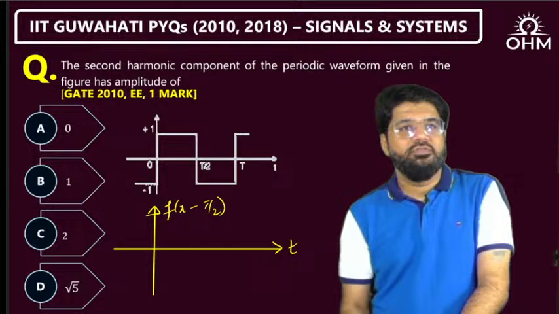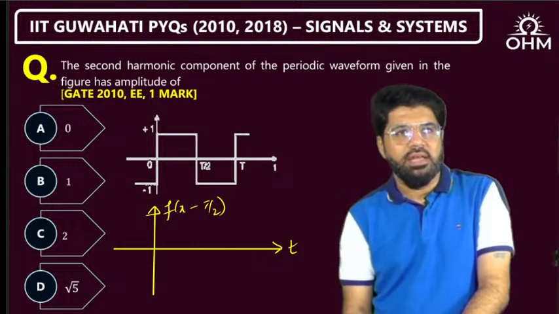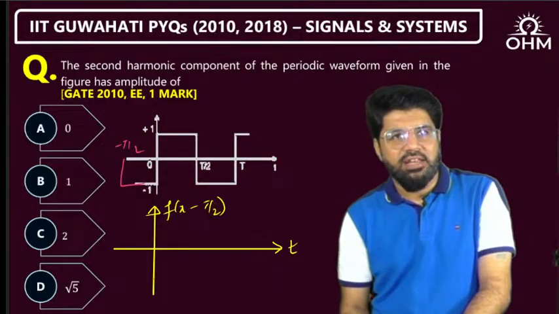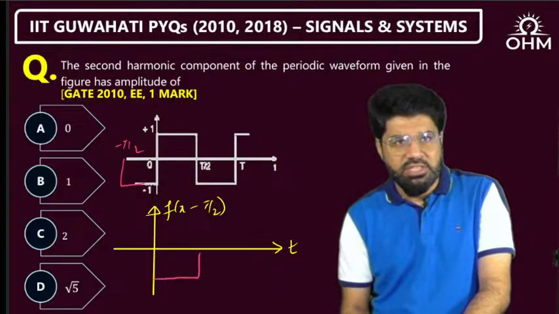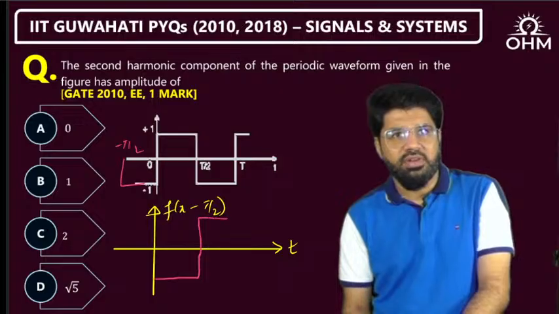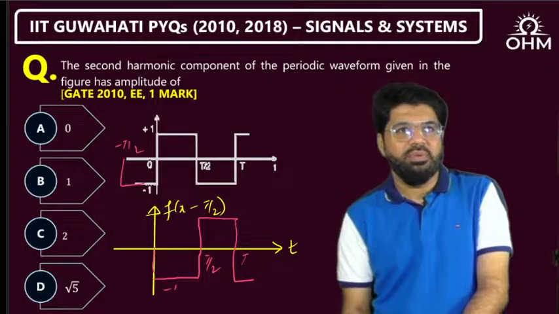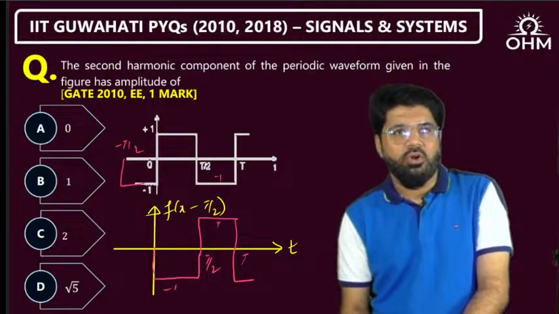If you shift it by half the time period, the negative cycle will come up here and the positive cycle which started from the origin will go here. Very clearly, the +1 value here is -1, and the -1 value here is +1, opposite in sign.